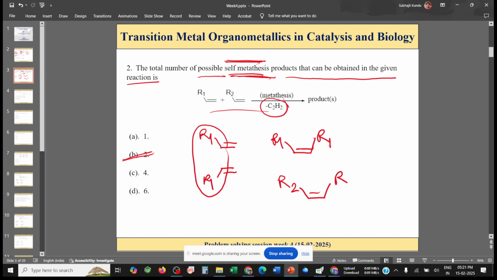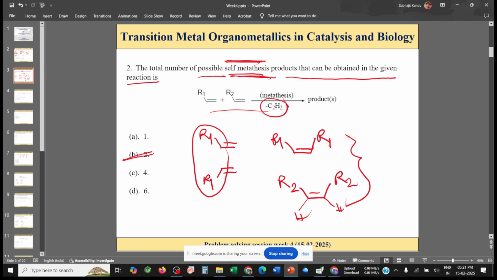But we can see that R1 and R2 can be different, and these two groups can contain any atom, so this orientation of R1 and R2 can be changed.